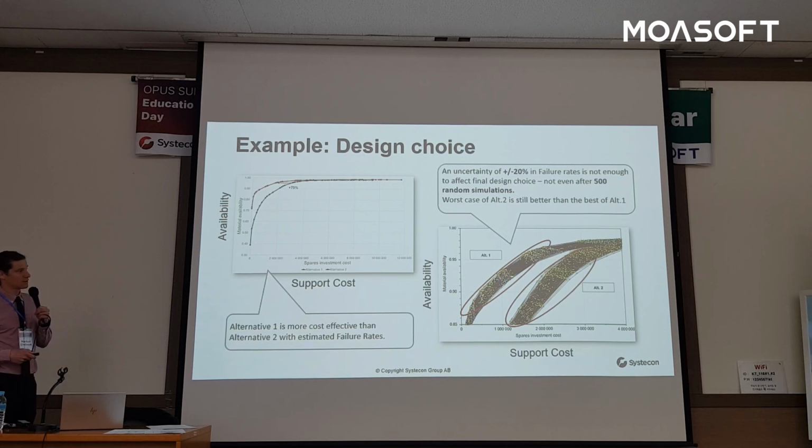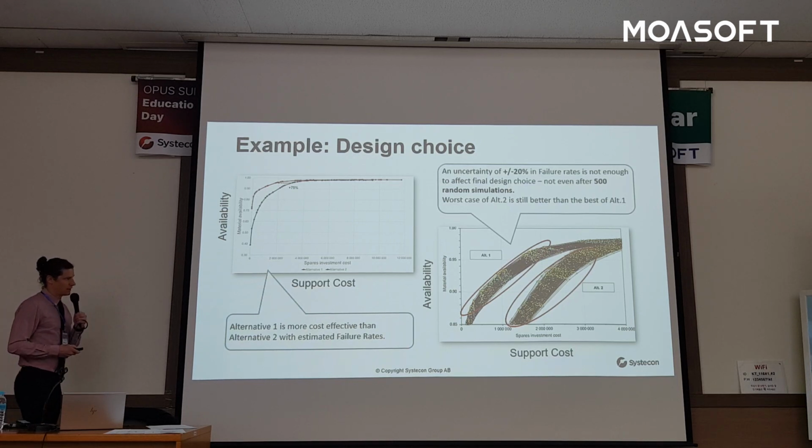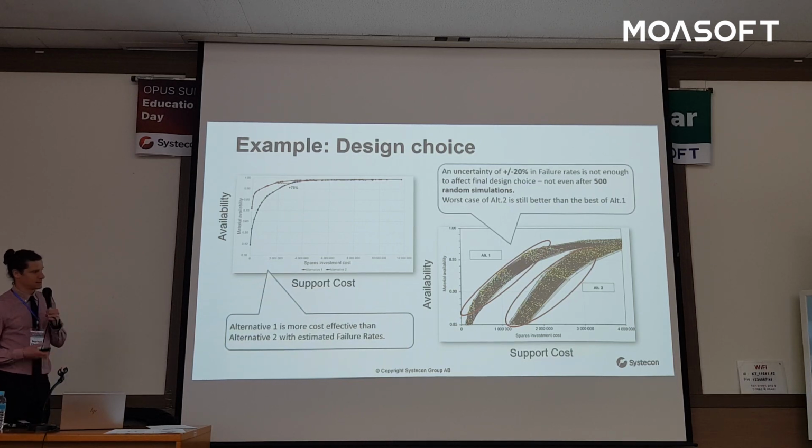And it turns out that the two alternatives that we are selecting between, maybe two different system designs, the first alternative is always better here. And of course this won't be true in 100% of the cases. In some cases, they will interfere. But it was surprising how tight those 500 different curves end up to each other.